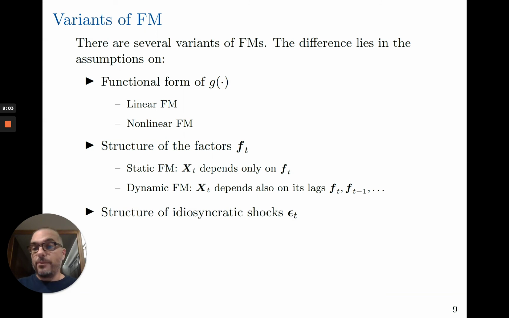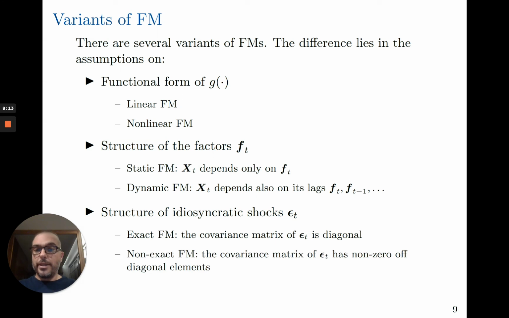And also we have hypotheses on the structure of the idiosyncratic shocks. Exact factor model, the covariance matrix of epsilon is diagonal. Okay? The non-exact factor model, the covariance matrix of epsilon has non-zero off-diagonal elements. Okay? And we can also allow for temporal dependence on the epsilons.